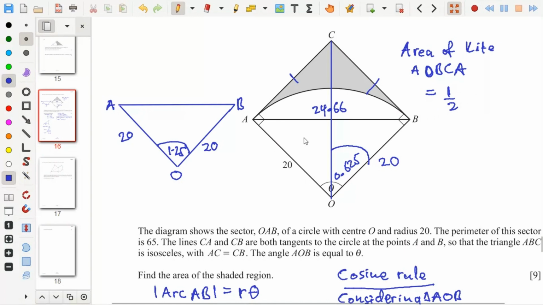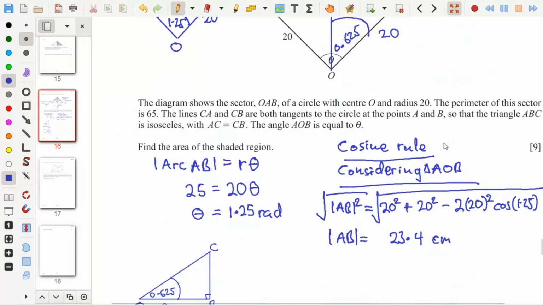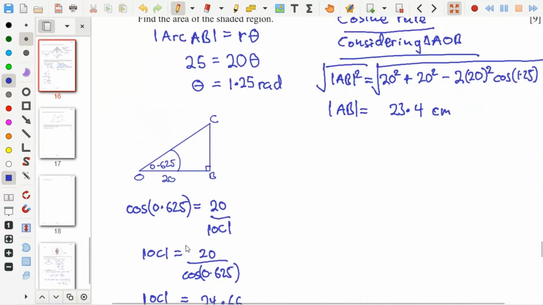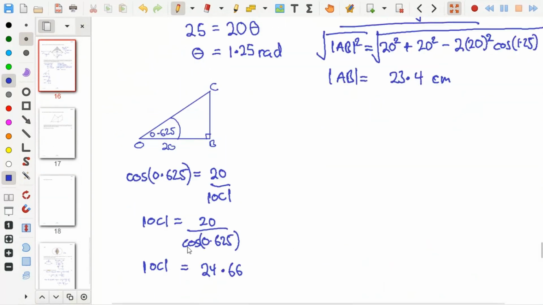So the kite is half of the product of the diagonals. So the diagonals are AB and OC. AB is, we just found AB to be 23.4. OC is 24.66.